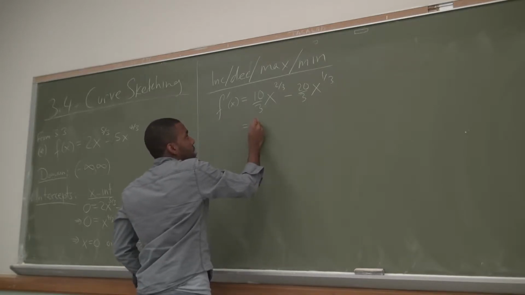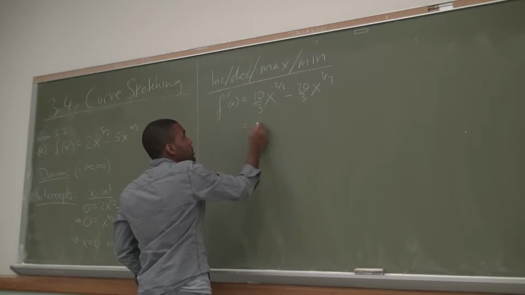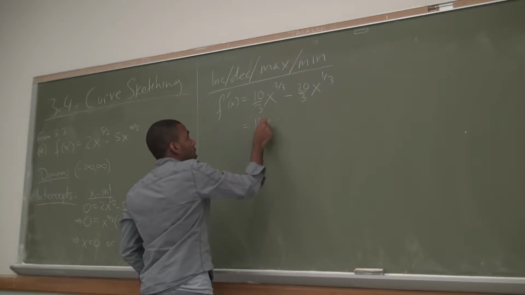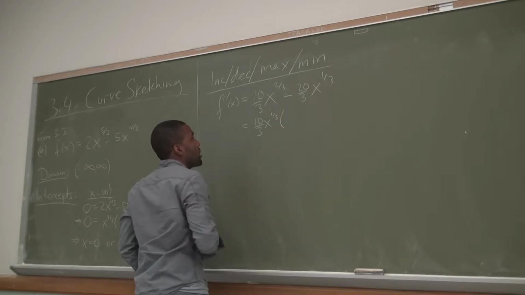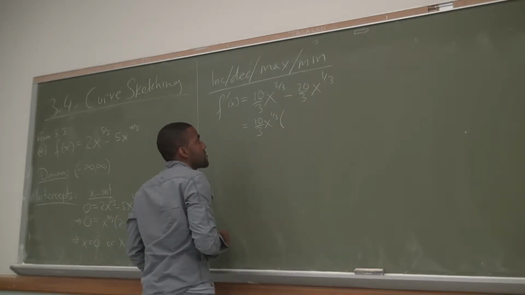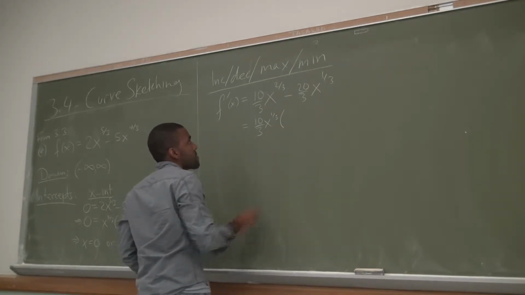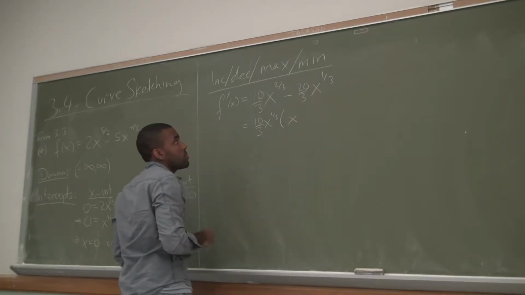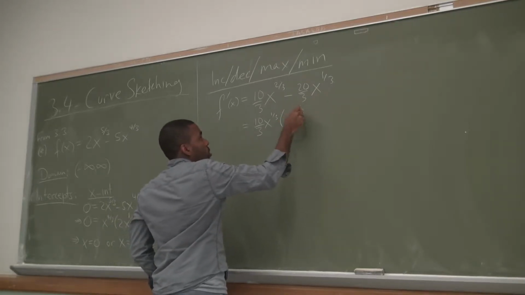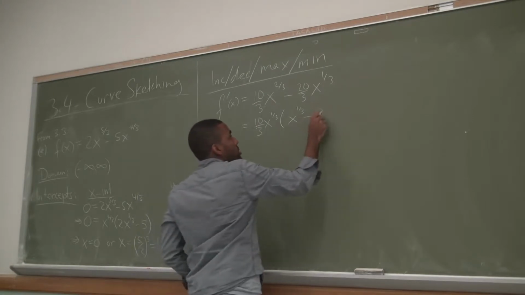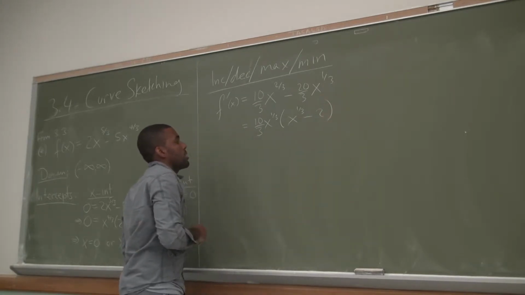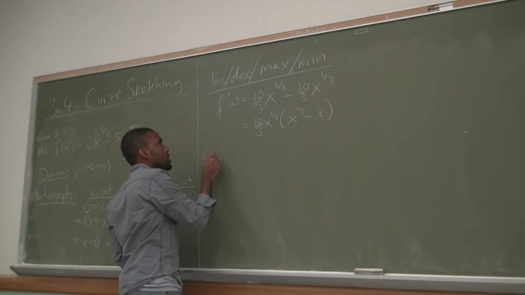I'm going to want to factor this, so what can I pull out? 10 over 3 x to the 1/3. And what would I have left over? x to the 1/3 minus 2.